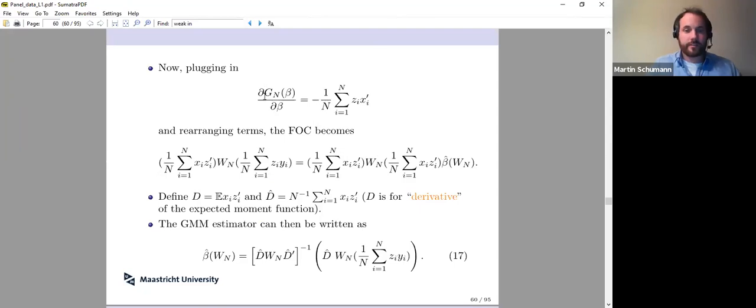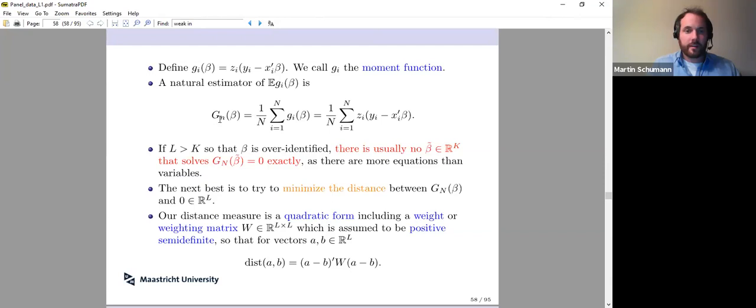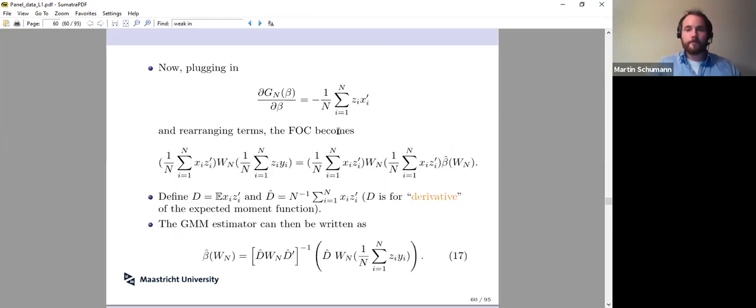G_n is this, and if we take the derivative with respect to beta, the z_i times x_i prime stays. This is the derivative. Therefore, once we plug these things into the first order condition, we get this condition here that looks rather complicated.